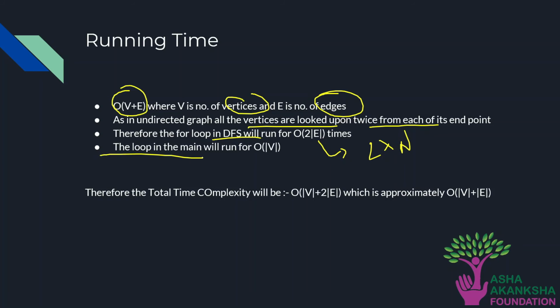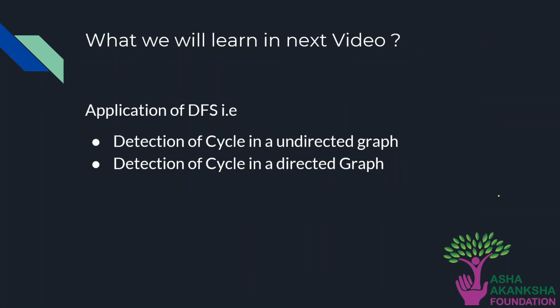And the main loop is running for at most O of V, which is the number of vertices. So together they will form the complexity of O of V plus 2E, which is approximately equal to V plus E. So in the next video, we will be learning about an application of DFS, which is detection of cycle in an undirected as well as a directed graph.